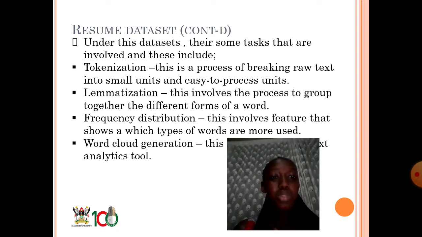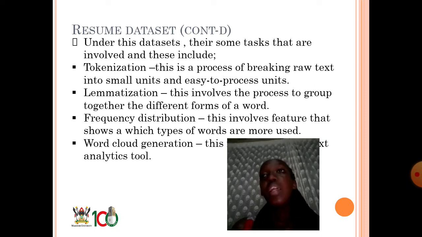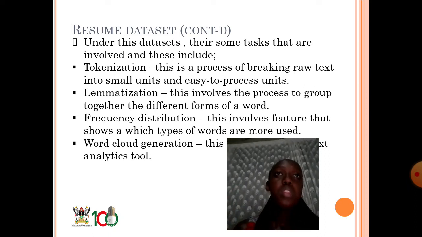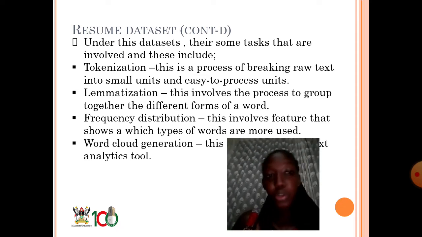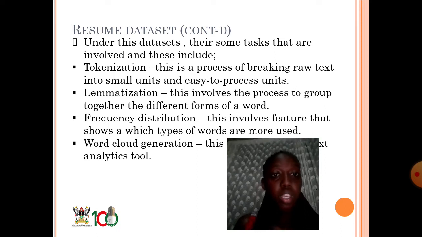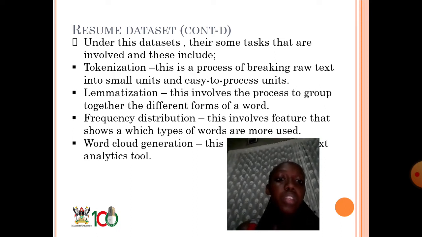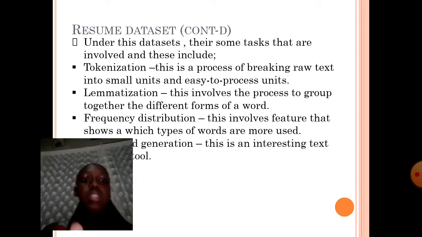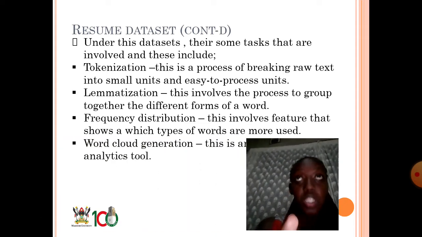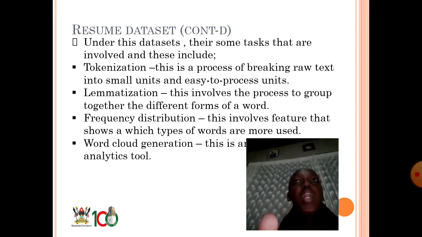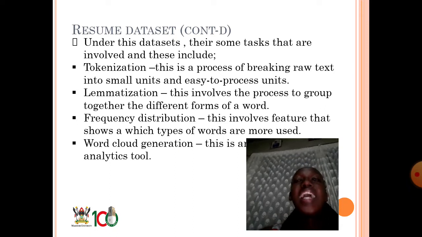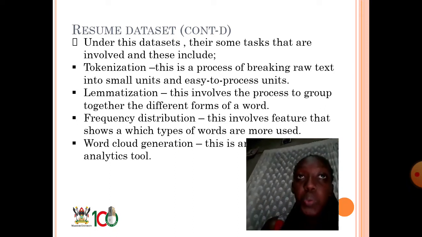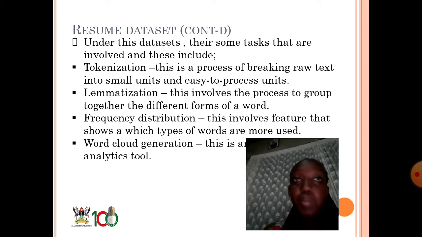Then frequency distribution. This is a feature to show how many times a word has appeared in several documents or CV samples. And for the word cloud, this is where, after getting the frequency distribution, you make a word cloud and give the AI a set of common words that are highly used, especially categorized according to careers.